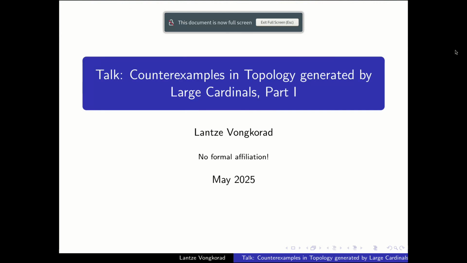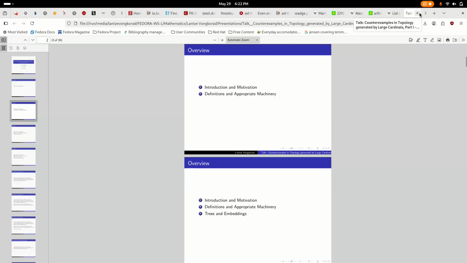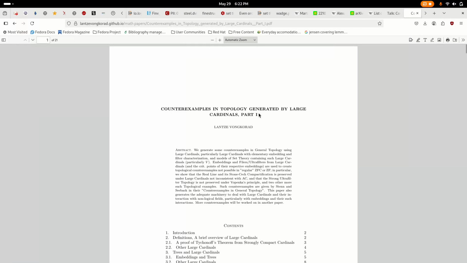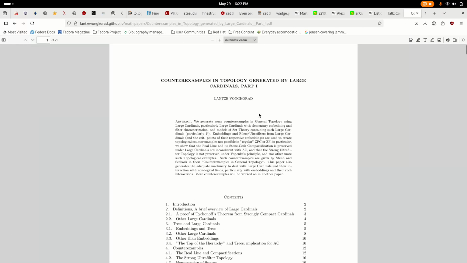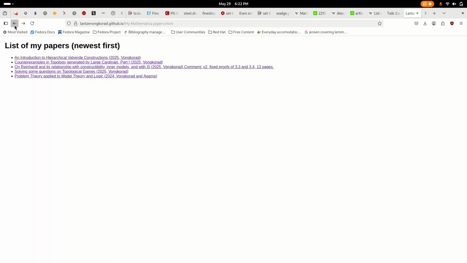So first of all, we begin with the introduction and motivation of our paper and our talk, our definitions and appropriate machinery for this talk, and actually the rest of the paper that it was based off of. Counterexamples in topology generated by large cardinals, part 1, is available on my website.